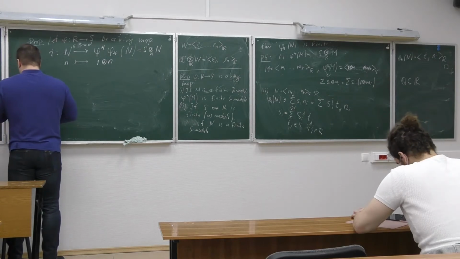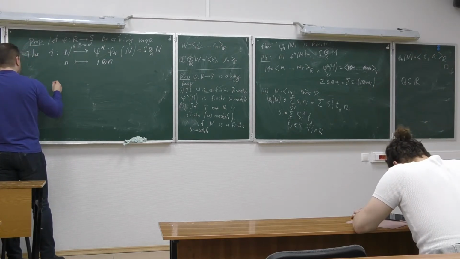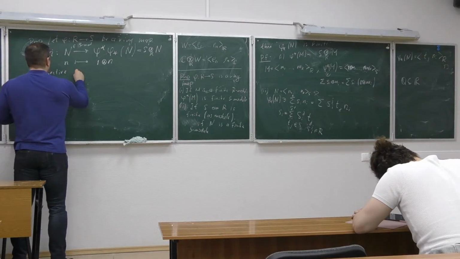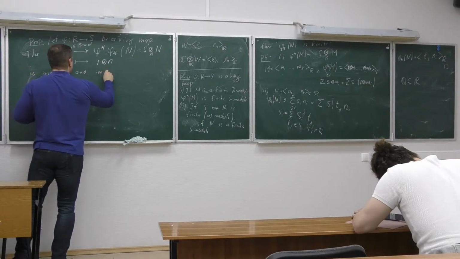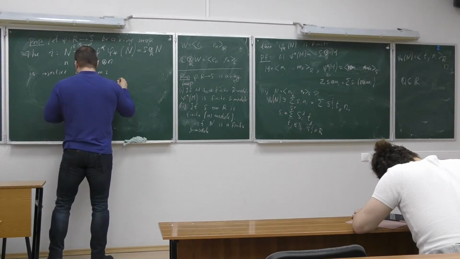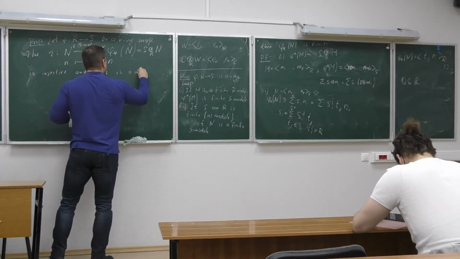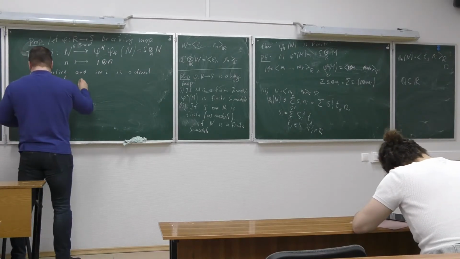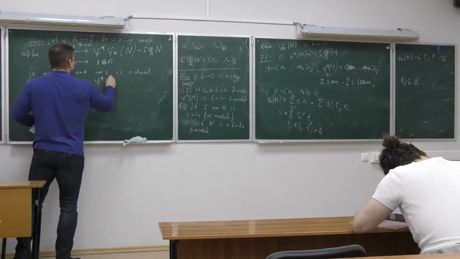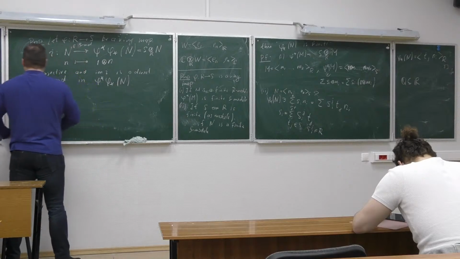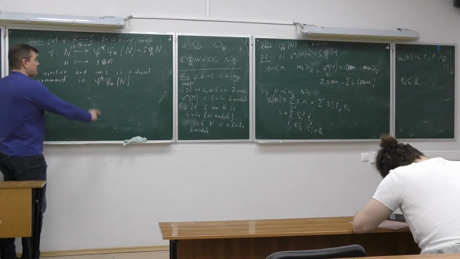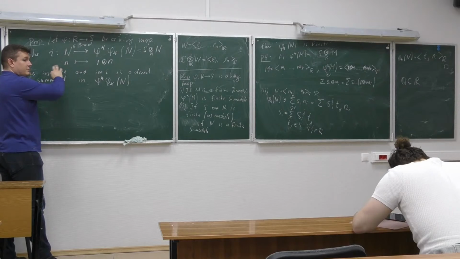So then this map iota is injective, and the image of iota is a direct summand in this module, phi upper star, phi lower star of N. Well, meaning that this module is a direct sum of N and something else.